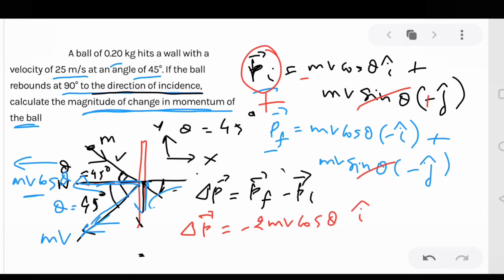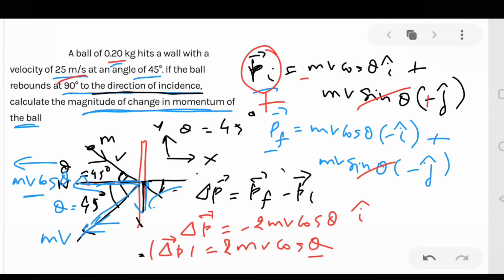Now we have to write the magnitude of the change in momentum. It will be equal to twice mv cos theta. Mass is given, velocity is given, theta is 45 degree.